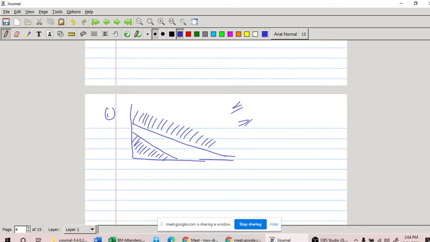Unbounded. Under this unbounded you will have graphs like this, you have these constraints.